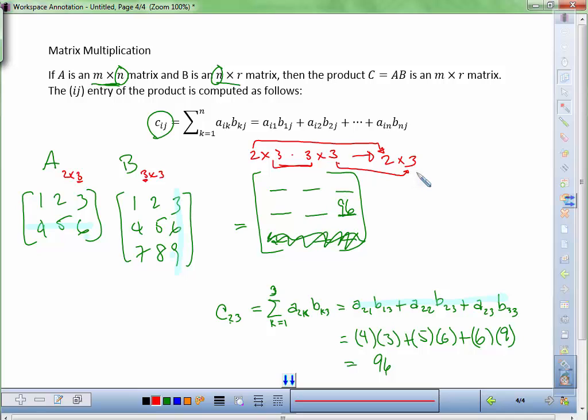So your output would be a 2 by 3 matrix. The first matrix is a 2 by 3 matrix. The second matrix is a 3 by 3 matrix. The middle numbers will eliminate because they should be the same. And then the first number and the last number is going to be the size of your outcome multiplication matrix.